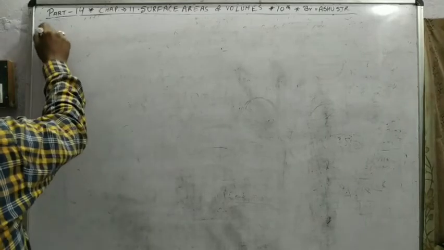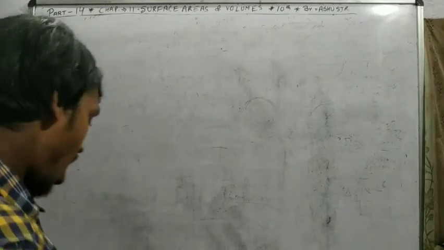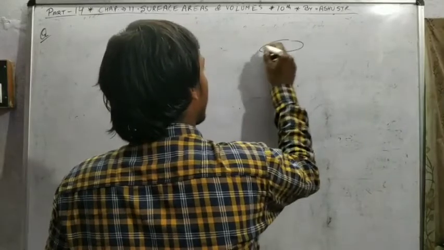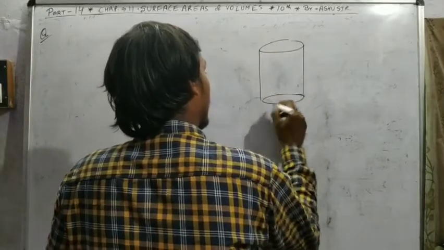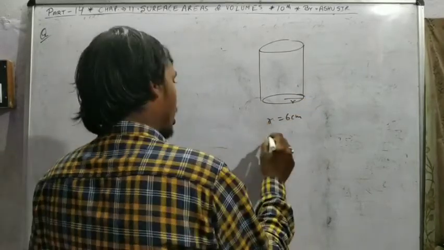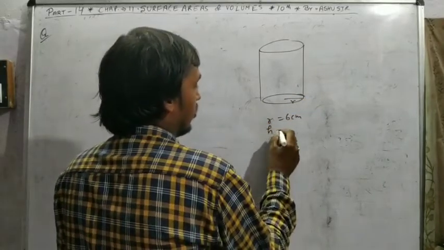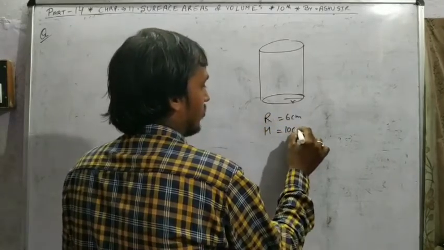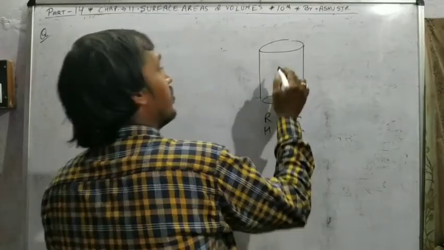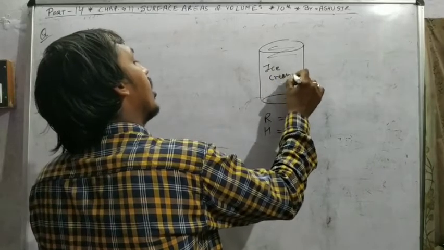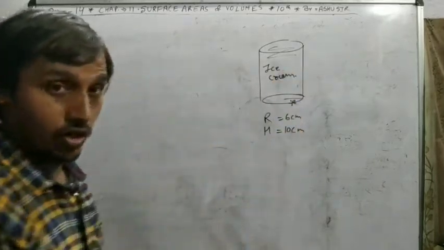Next question. An ice cream container is cylindrical in shape, with radius 6 centimeter and height 10 centimeter, meaning this whole container is filled with ice cream.